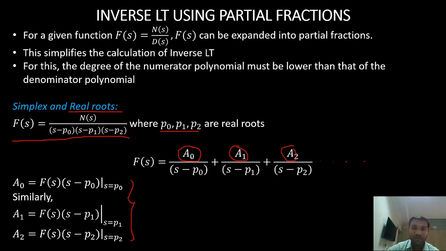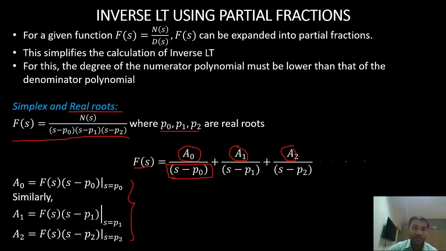To find the constant relating to any particular pole, we multiply F of s with that particular pole factor. F of s we multiply with s minus p0, and in place of s we substitute p0.